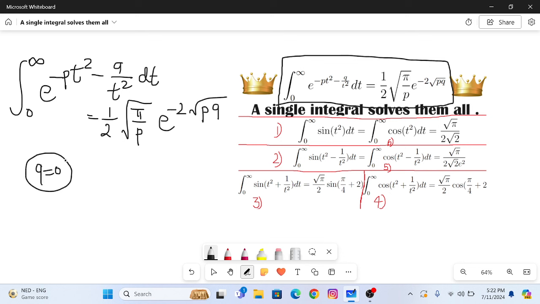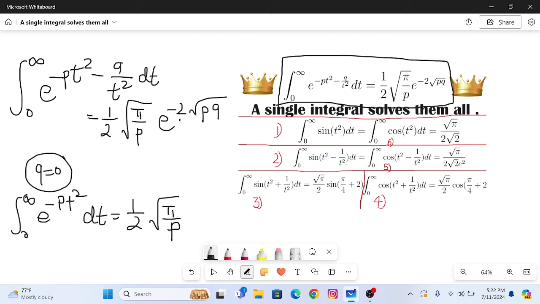If I put q as 0, I will get the integral from 0 to infinity of e to the power minus pt square dt, which is equal to 1 by 2 square root of pi by p, and since q is 0, this will be e to the power 0, which is just 1. Now from here I can actually find the values for both this one and number 6 integral.